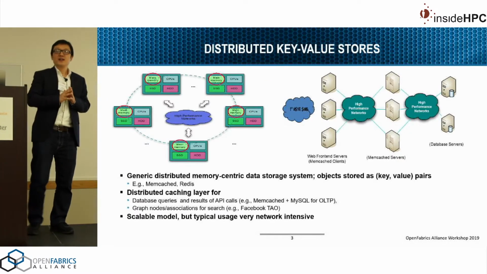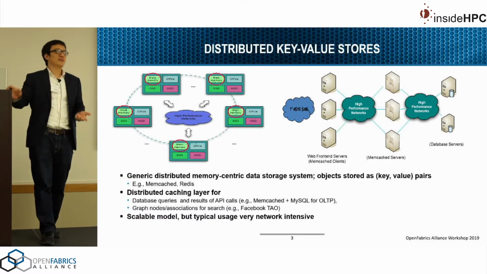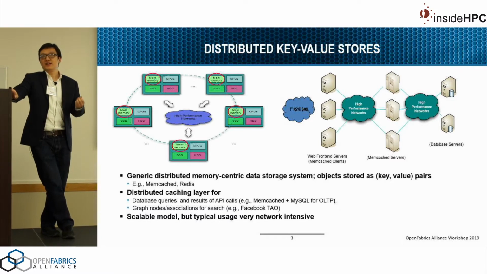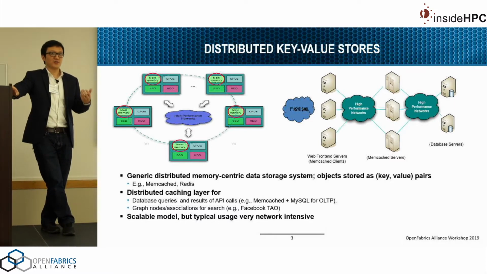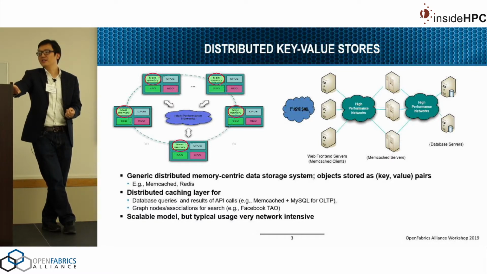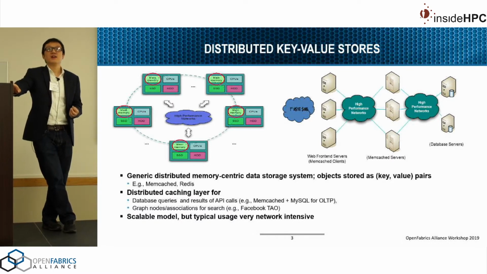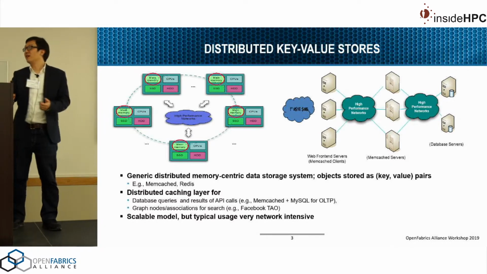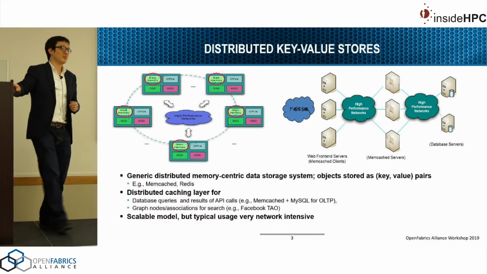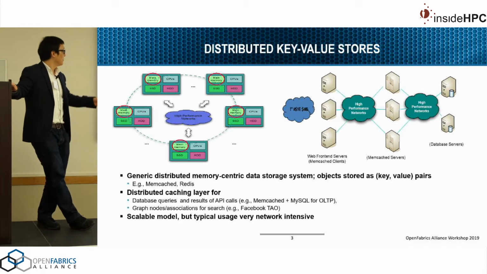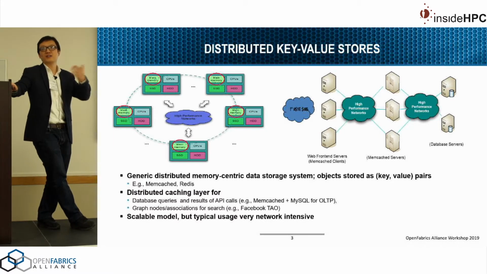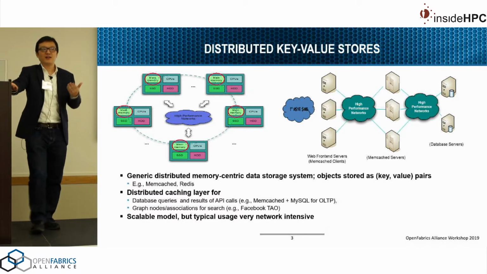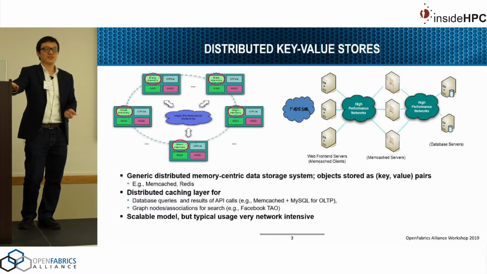So one way to provide this kind of in-memory based storage system is to use a distributed key value store. This is just a very high-level overview of how you can construct or deploy a distributed key value store layer in data centers. Typically, you aggregate a lot of memories, or I think we have some talks about persistent memory, right?